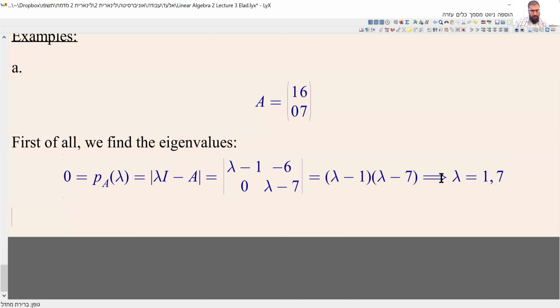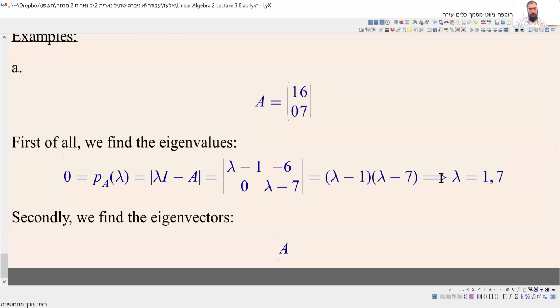First of all, the eigenvalues. Secondly, we find the eigenvectors. So our main equation is AV equals lambda V. It doesn't matter because it is 0, so minus here, minus there, it's the same.